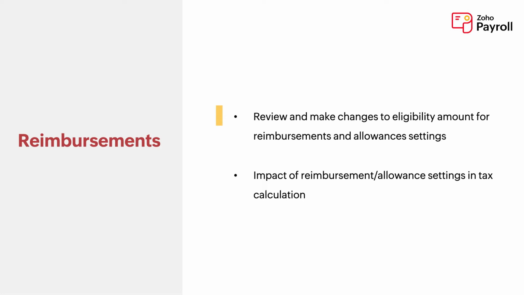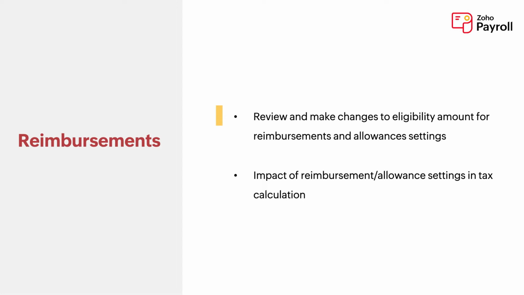As we have seen previously, we associated a new reimbursement component to one particular employee in that test organization. The reimbursement component was LTA, and that affected the employee's tax calculation by reducing the fixed allowance component. So that is how once you allocate any reimbursement components to your employees, it will affect their total tax calculation in Zoho Payroll.